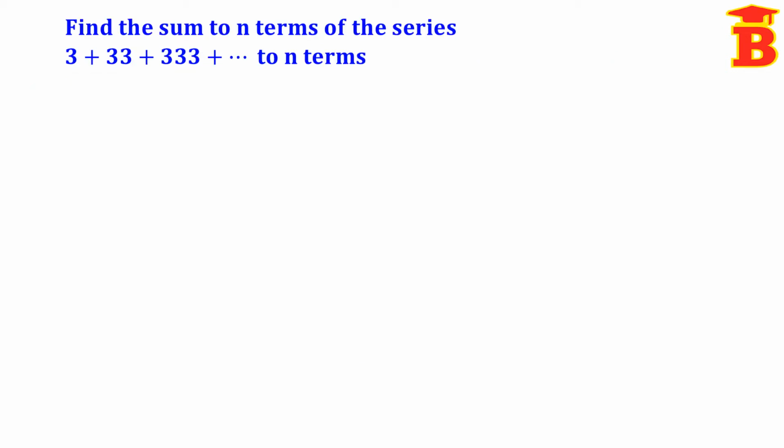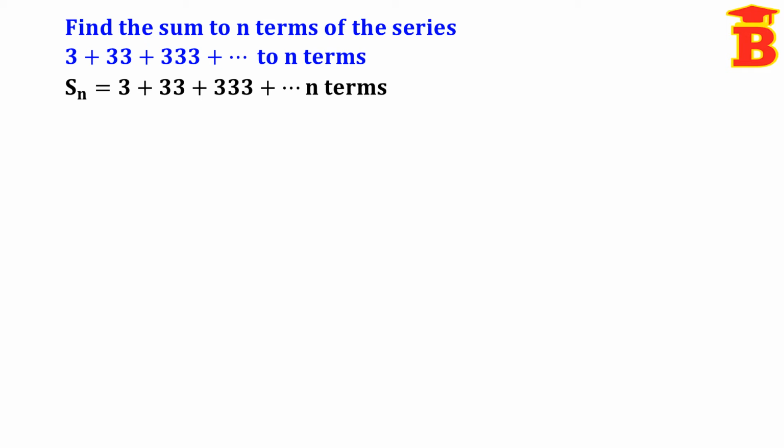Next problem, find the sum to n terms of the series 3 plus 33 plus 333 plus etc. up to n terms. So take Sn equal to 3 plus 33 plus 333 plus etc. up to n terms.